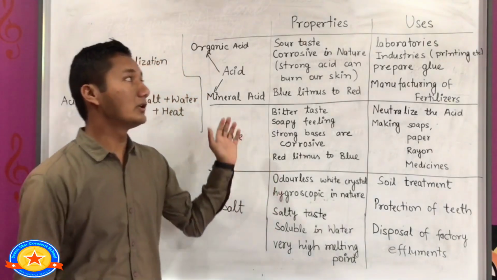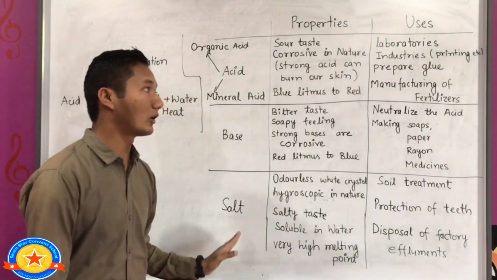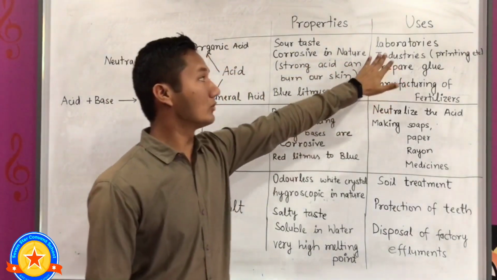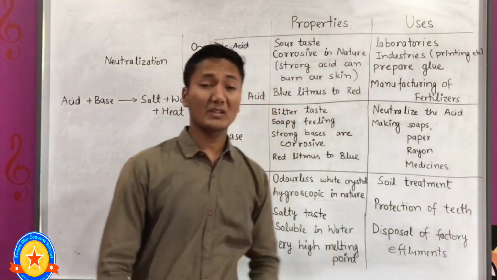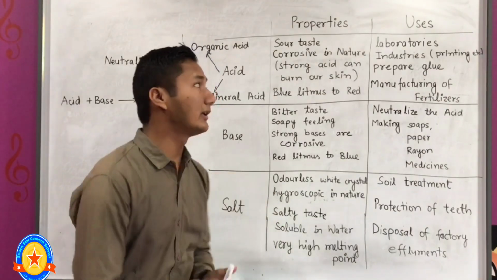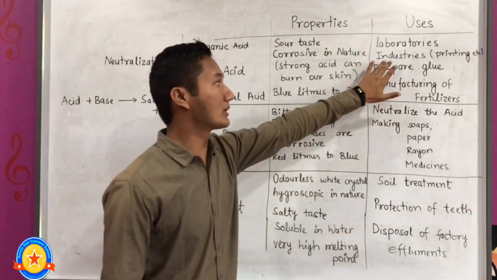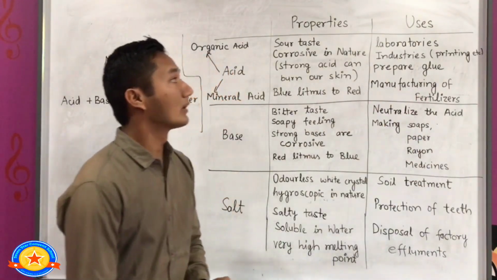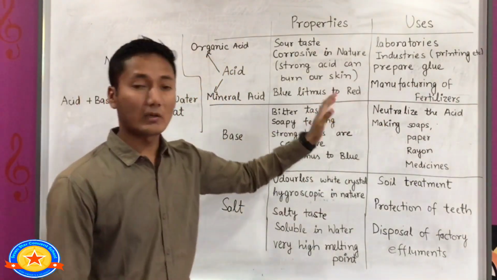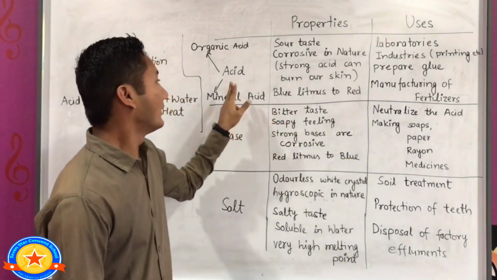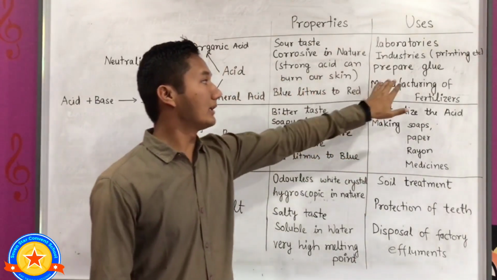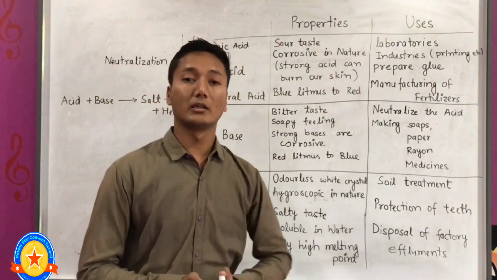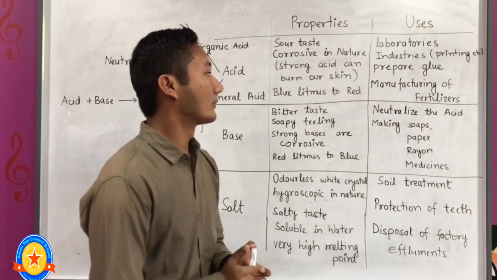Now, if we see the uses of acid, base and salt, then we can see acids are mostly and commonly used in laboratories. In some cases, there are lots of industries which also use acids, like the printing industry, etc. We can use acid to prepare glue by which we can paste something somewhere.